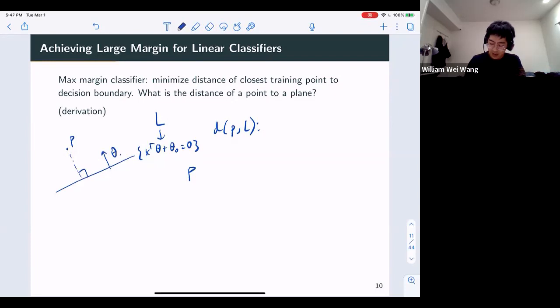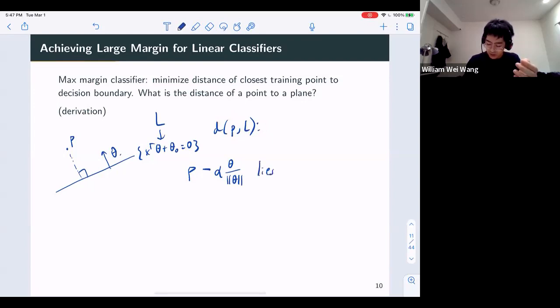So put it mathematically, it says, okay, you start at P, you travel in the direction of theta. You have to do this normalization here because it's a direction, so it's a unit vector. But how many steps? Let's say alpha number of steps, where alpha is now going to be your shorthand for what this distance will be, right?